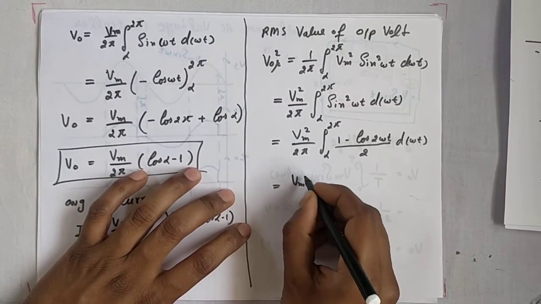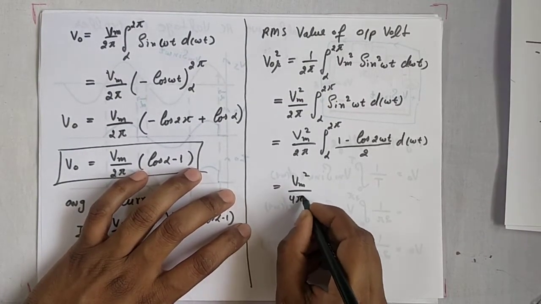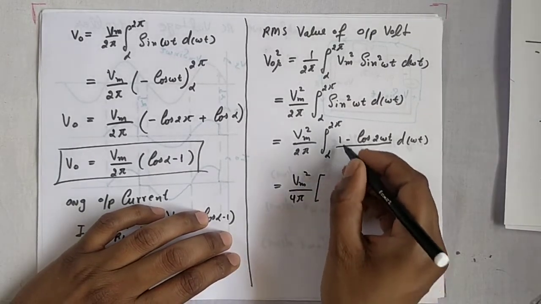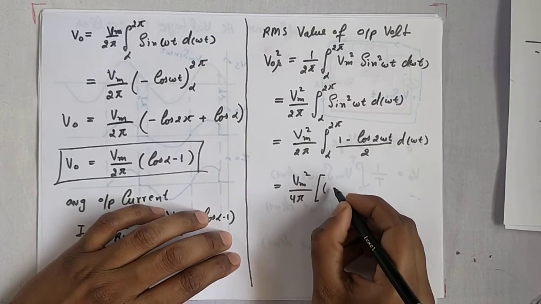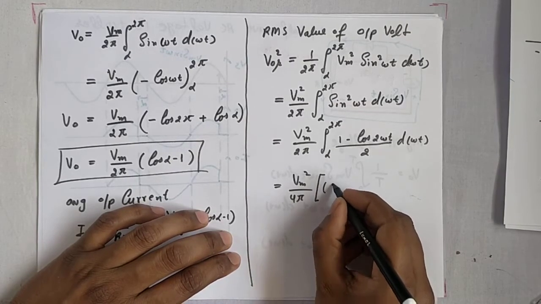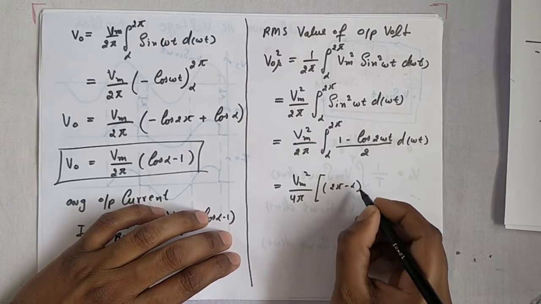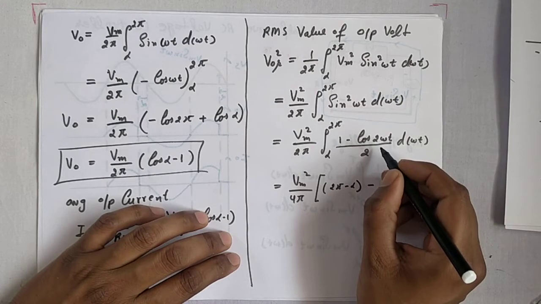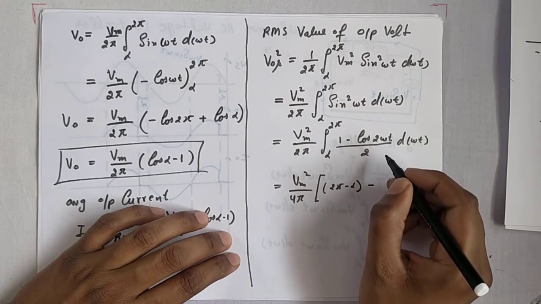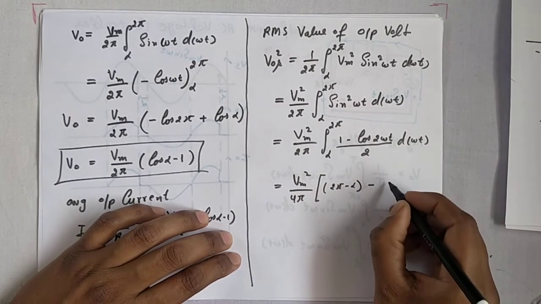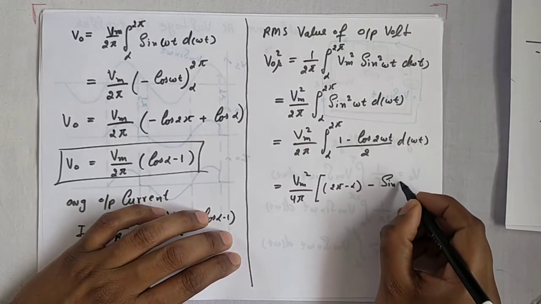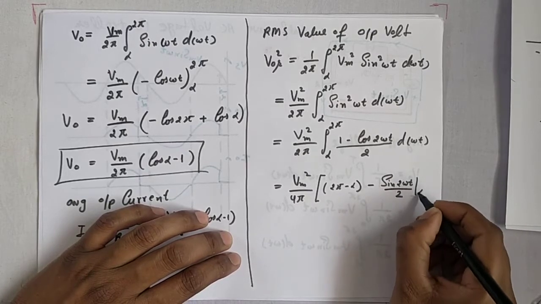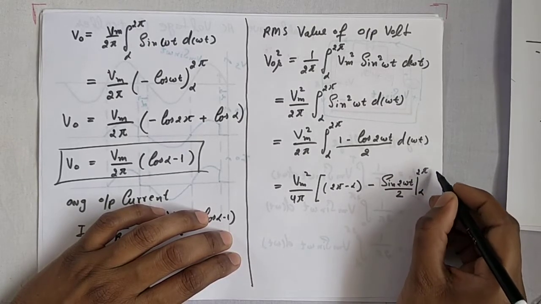Vm square divided by 4 pi. Integrate it. You can write 2 pi minus alpha, and the integral of cos 2 omega t will be sin 2 omega t divided by 2, from alpha to 2 pi.